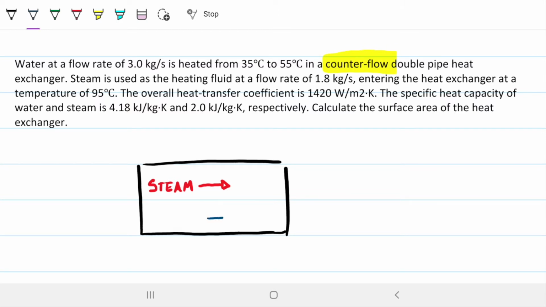So I'm going to have something like this. Obviously, steam and water. Steam is also water, but you get what I mean. So we know that this guy is entering at 95 degrees Celsius, and we know that this guy is going from 35 to 55.